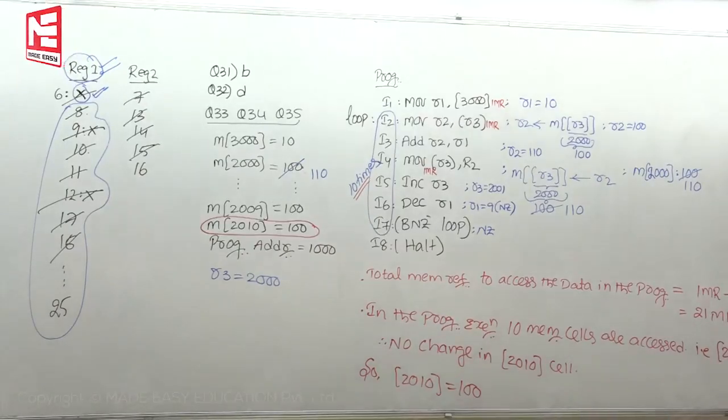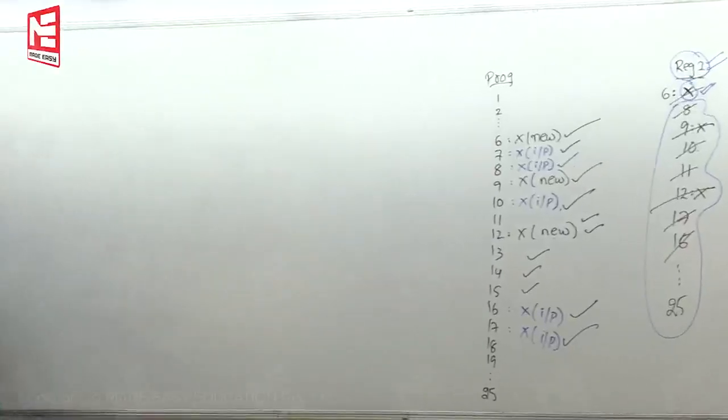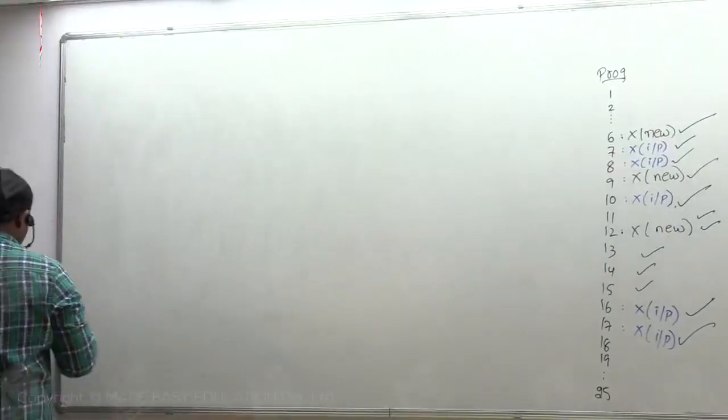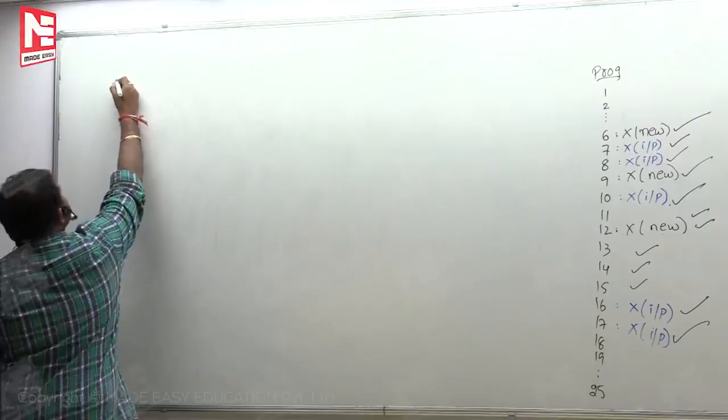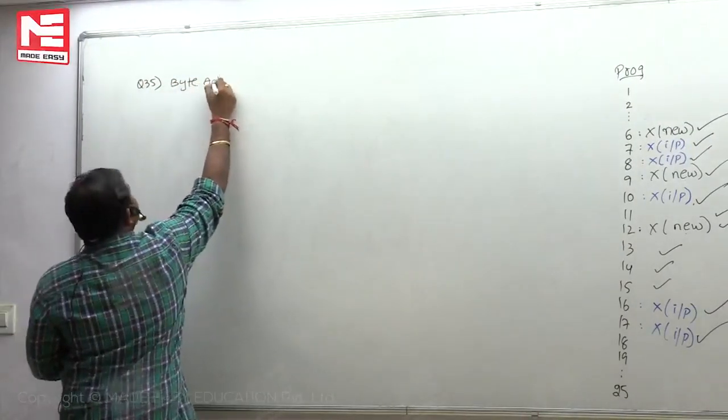Now what is 35? See the 35 question. Read the 35. Assume that memory is byte addressable, word length is 32-bit, and an interrupt occurs during the execution of increment. What will be the return address?